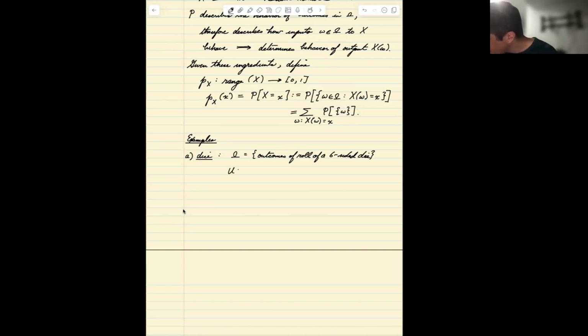And we're going to define U to be a function from Omega to 1 through 6.